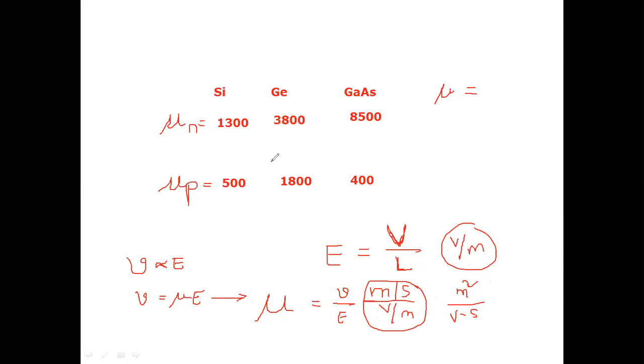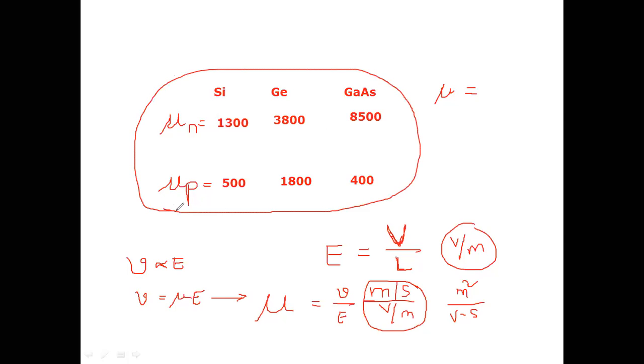The mobility of electrons, mu n, is always greater than the mobility of holes, if you compare this chart.